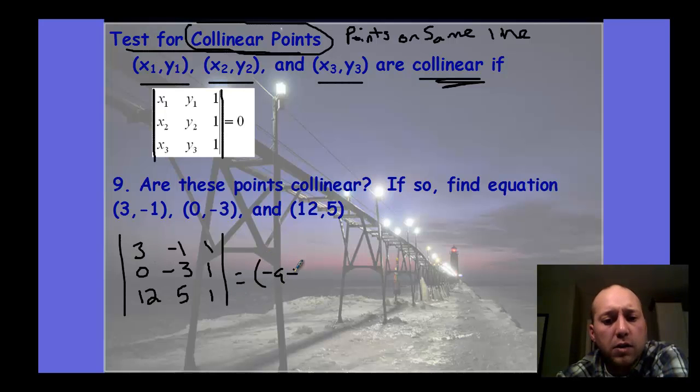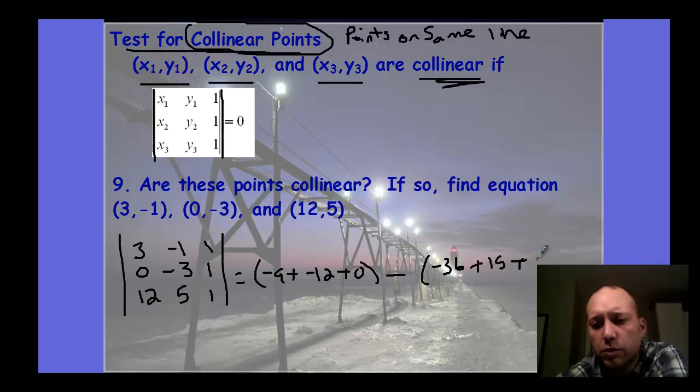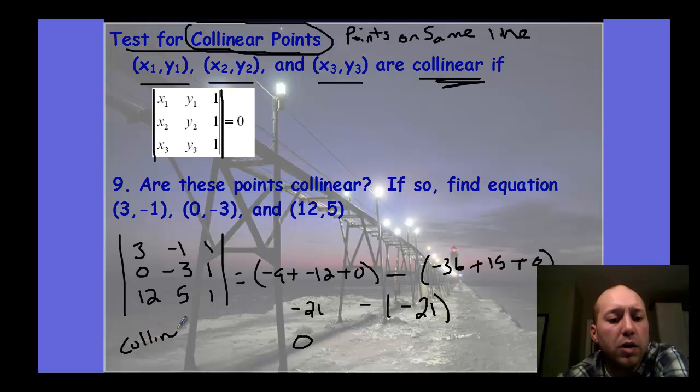That's going to be negative 9 plus negative 12 plus 0, minus the upward diagonal, which is going to be negative 36 plus 15 plus 0. So we get negative 21 and then negative 21. If I combine those, I get 0. Because this is 0, they are collinear. Now we're not done because it says find the equation.